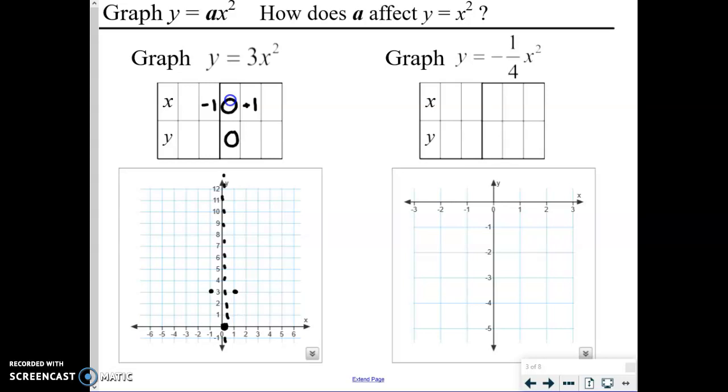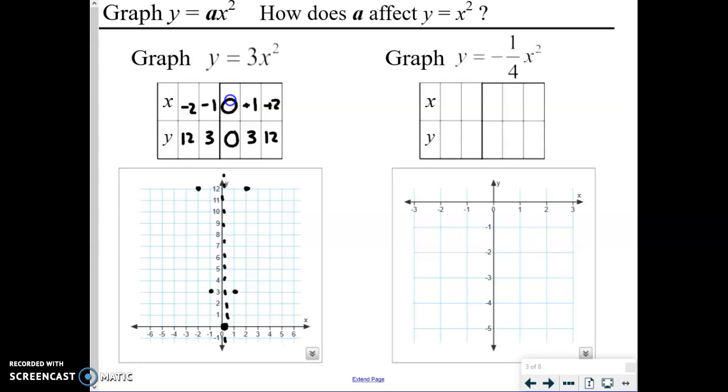What that did to our graph compared to our parent graph is make it much steeper than its predecessor. And if we put -2 and 2, -2 squared is 4, +2 squared is 4, and 4 times 3 is 12. So that would be 2, 12 and -2, 12.